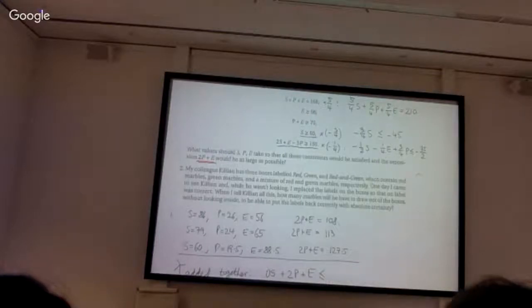And when I add the right-hand side, what do I get? 210 minus 45 is 165. 165 minus 37.5. It's 127.5.